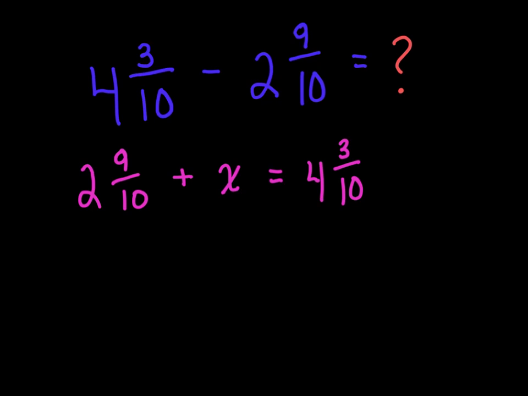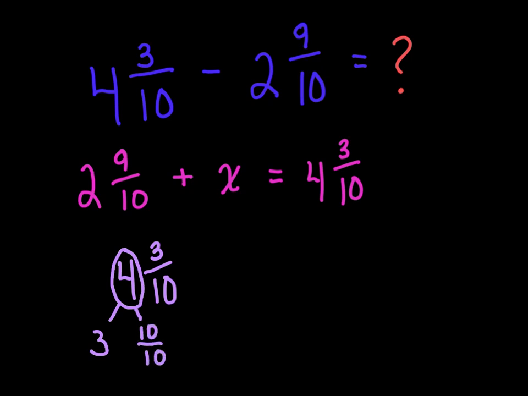Okay, so let's take the 4 and the 3/10. What we're going to do is take that whole and remove a whole from it. Since we're talking about tenths, it's going to turn into a 3, and we're going to have a new fraction of 10/10 to represent a whole, because 3/10 is really just 4.